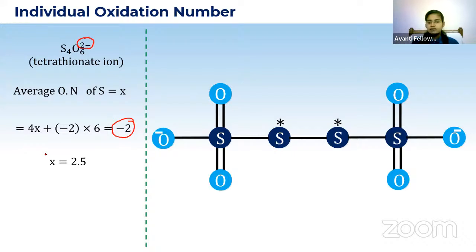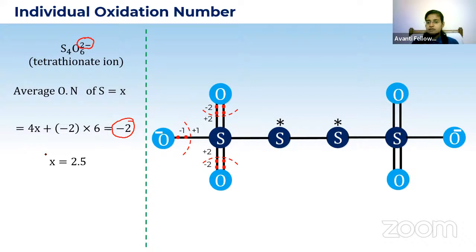Let me first take the S double bond O. Oxygen is more electronegative compared to sulfur, so oxygen will gain the electrons. Since there are 2 bonds, it will gain 2 electrons. So -2 for oxygen, and since sulfur is donating, it is +2. With respect to the sulfur-oxygen single bond, it is -1 and +1. And here -2 and +2.